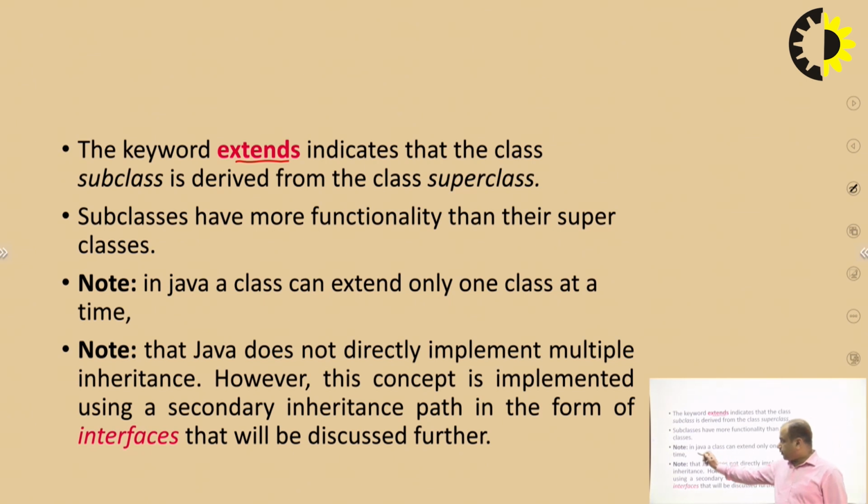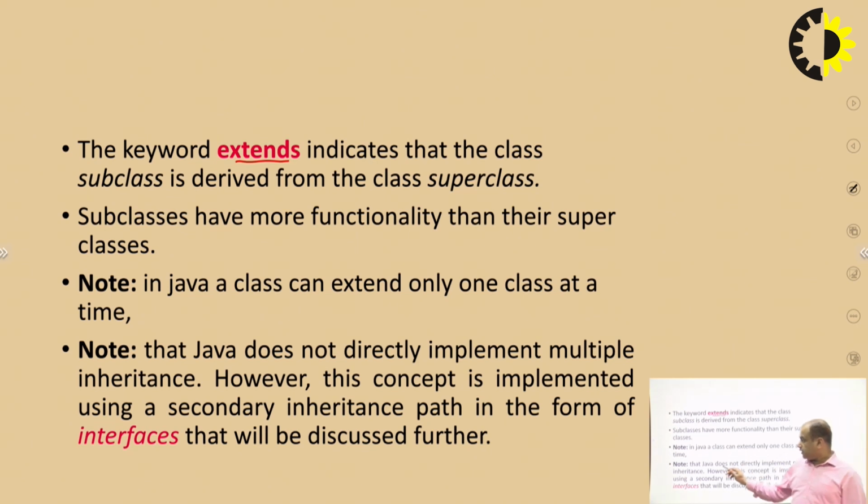I am repeating, in Java, a class can extend only one class at a time, not more than one. As we see in C++, a number of classes can be extended by a single class, but the restriction in Java is that a class can extend only one class at a time.